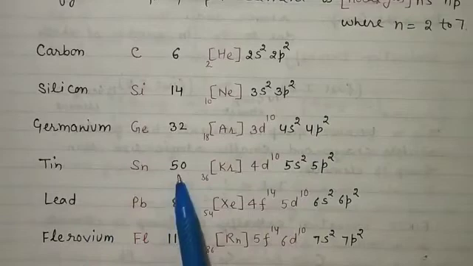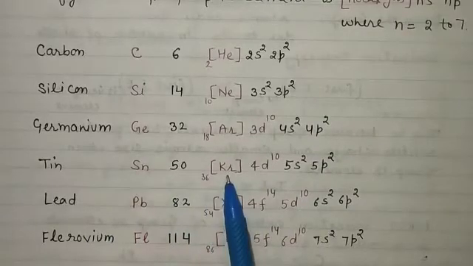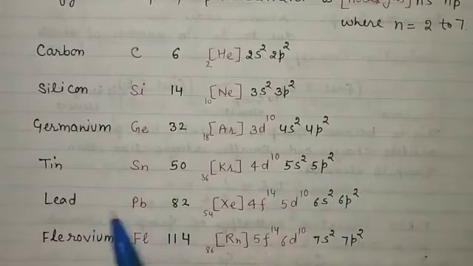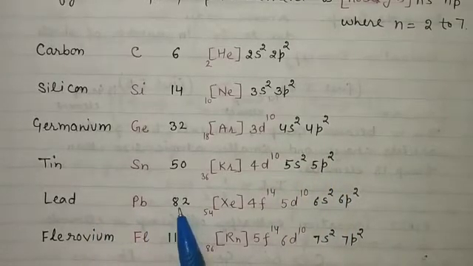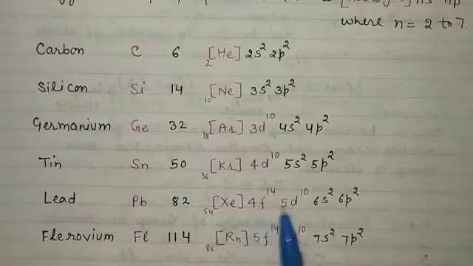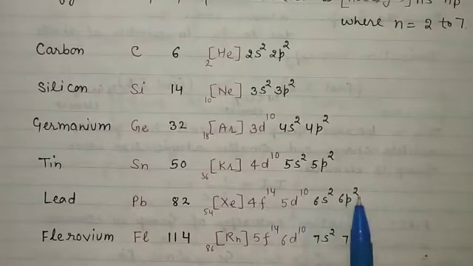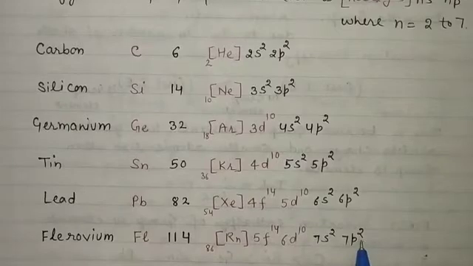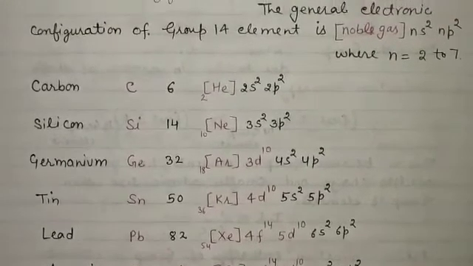Tin, Sn, atomic number 50, krypton 4d10 5s2 5p2. Lead, Pb, atomic number 82, xenon 4f14 5d10 6s2 6p2. And flerovium, Fl, 114, radon 5f14 6d10 7s2 7p2.